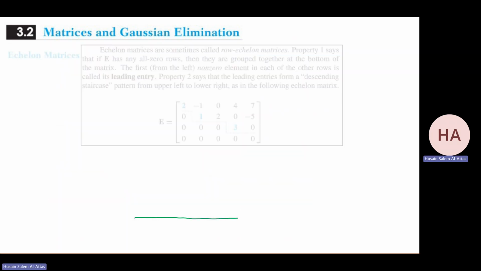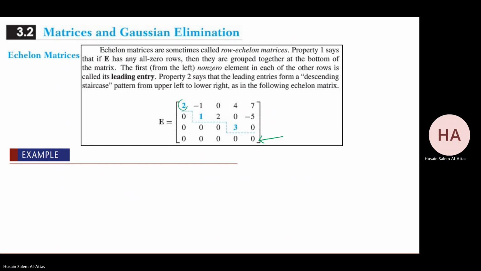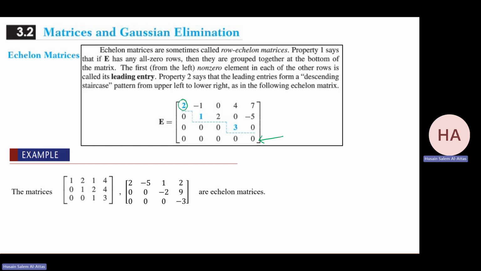Let me explain it by examples. Look at this. The rows which consist of all zeros should be at the end. We don't have any rows consisting entirely of zeros here. Now, this is the first non-zero element in the first row. If there is a non-zero element in the second row, it should lie to the right of the non-zero element in the first row. The third, the same thing, to the right of that. Let me look at this one.